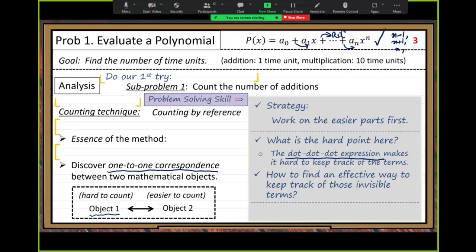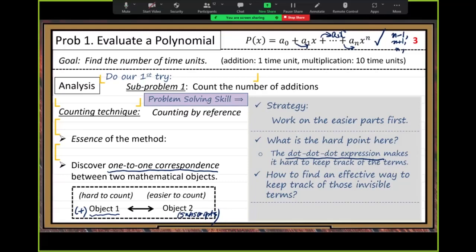So object 1 is the plus sign, object 2 is the subscripts. So how about that? That's the one-to-one correspondence. The plus sign is hard to count because of the dot dot dot, hard to keep track of the data.